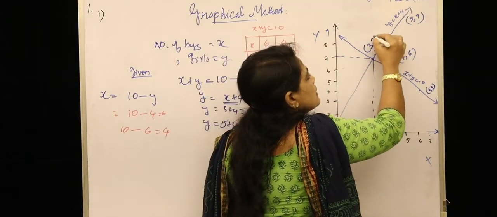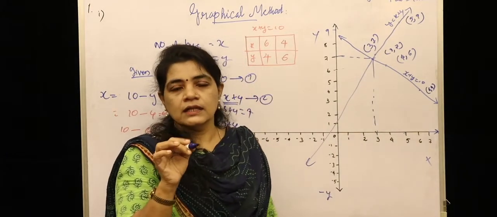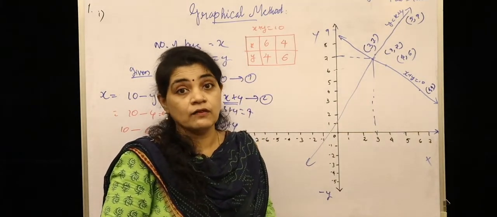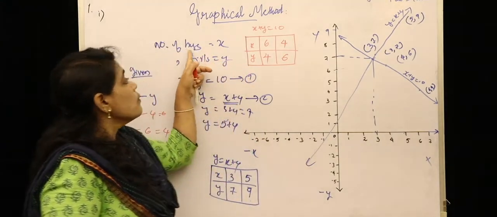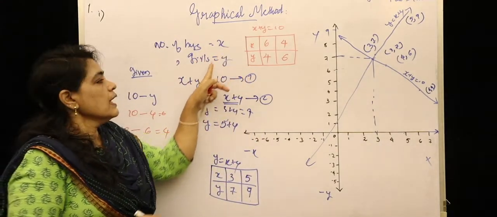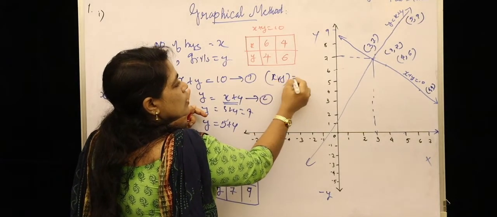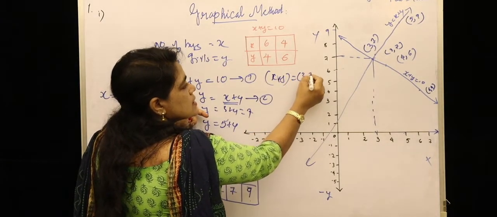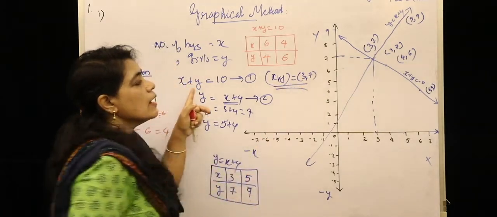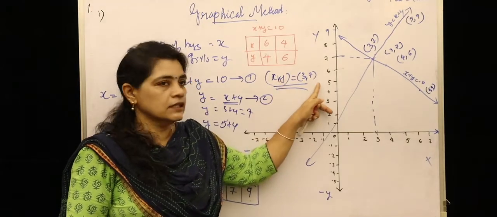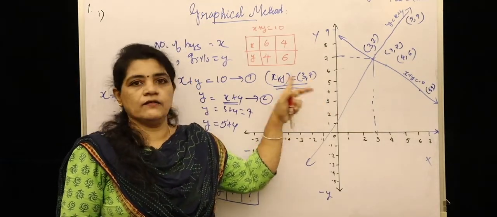So here the x coordinate is 3 and the y coordinate is 7. We have taken the number of boys as x, so x comma y equal to 3 and 7. That is, the number of boys is 3 and the number of girls is 7.